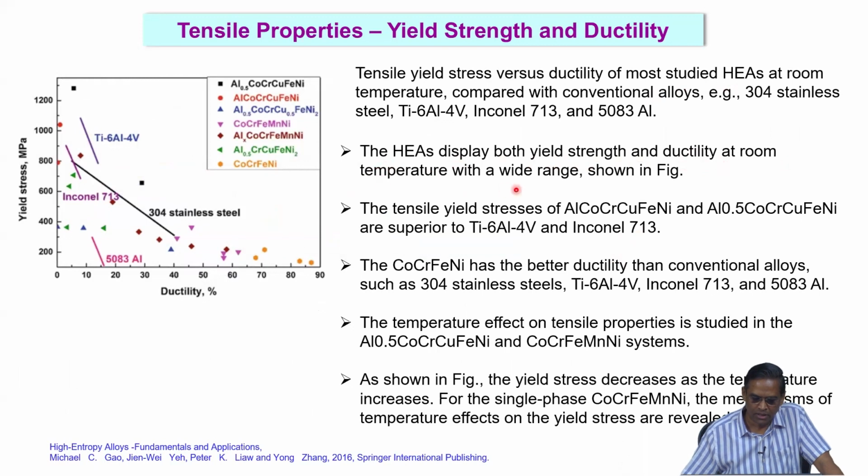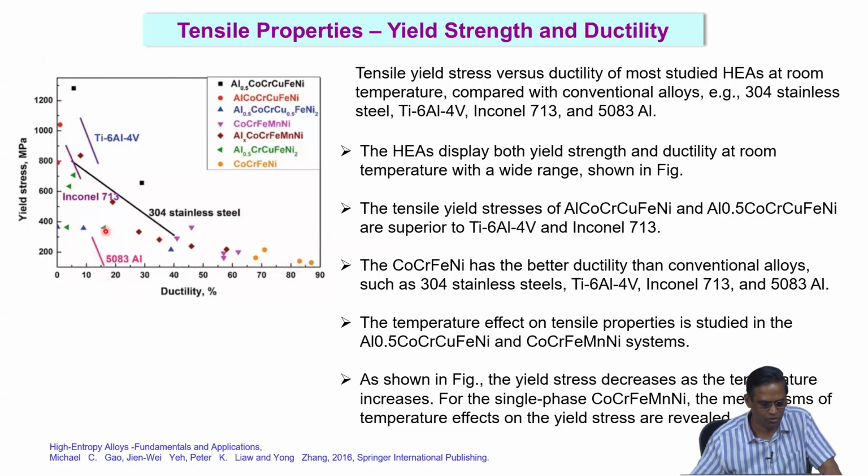The high entropy alloys display a wide range of both yield strength and ductility at room temperature. You can see that yield strength goes all the way beyond 1200 MPa, and ductility goes all the way up to 90. So, you have a range of properties available.